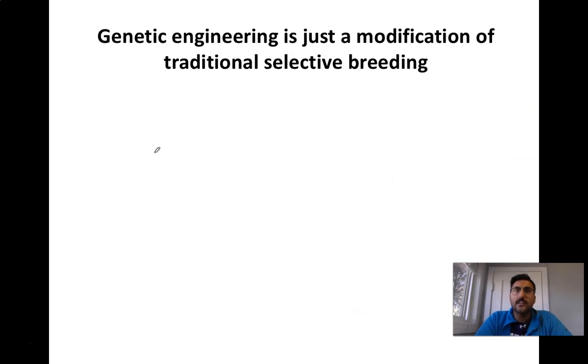Genetic engineering is just a modification of traditional selective breeding. If you've ever had a dog and said, well, I want a dog that's hypoallergenic, with pointy ears and a short tail, that's selective breeding. It's basically genetic modification, except instead of going into a lab and doing it by hand, you have selectively bred certain individuals over many generations to have the traits that you want.